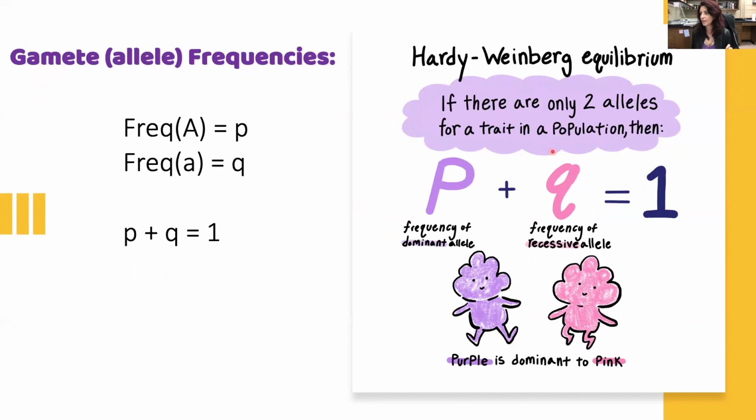Here in our example, purple is dominant to pink. Okay, so this is just talking about frequency of dominant and recessive. But remember, genotype and phenotype is the expression of two alleles together. This is where it gets a little bit more complicated.